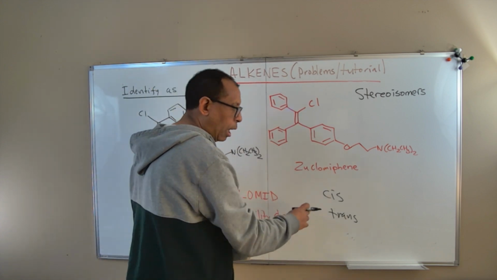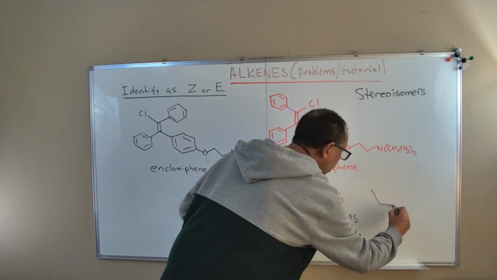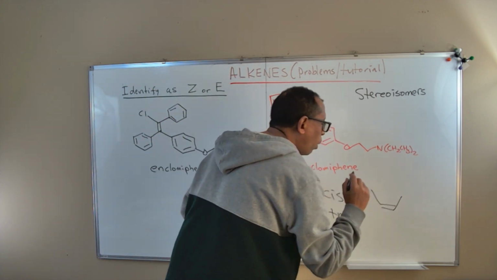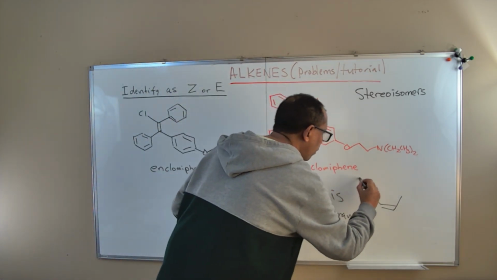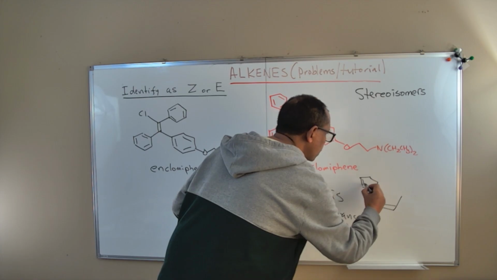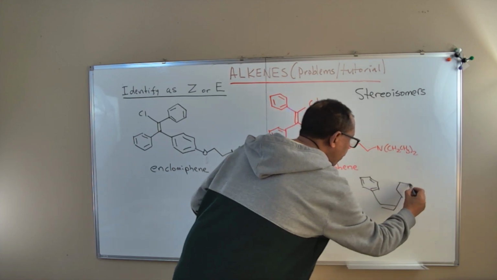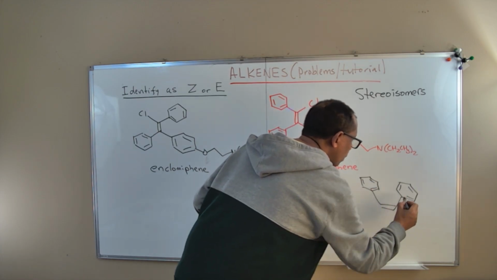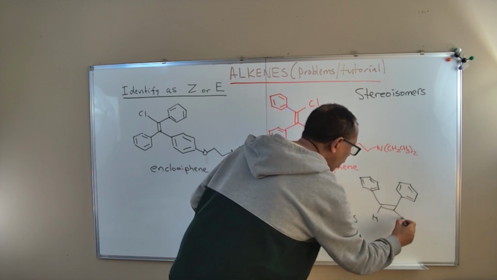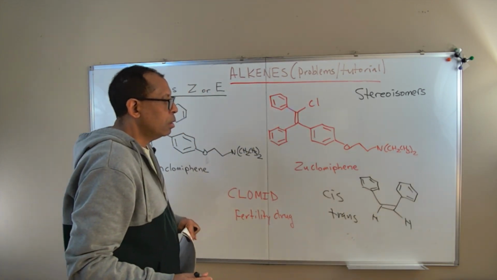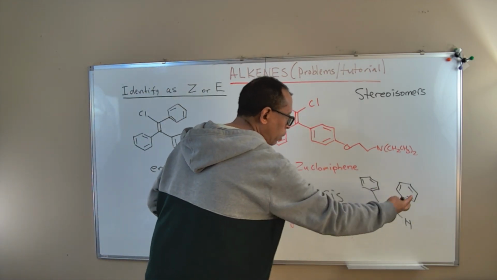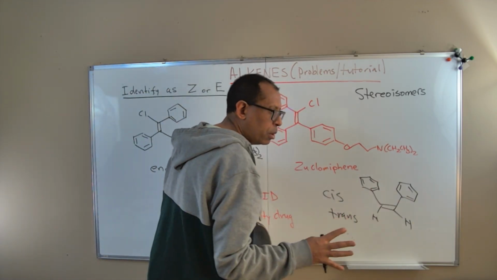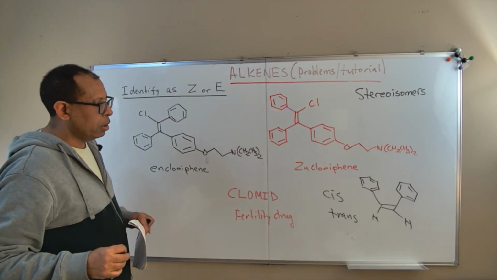Cis and trans applies when you have an alkene and you have only two kinds of groups. For example, here if you have a phenyl and you have a phenyl, and hydrogen and hydrogen. So the only group on this whole molecule is a phenyl, and the hydrogens are the ones indicated here.